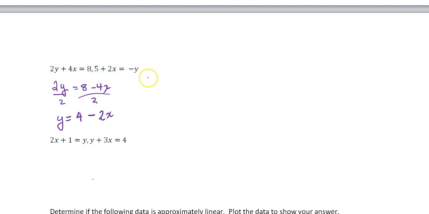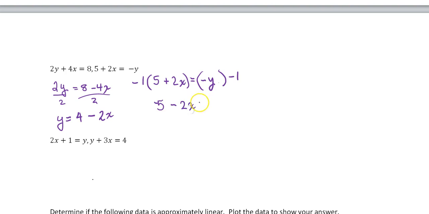So here I've got my 5 plus my 2x equals negative y. Well, I'm going to multiply all of these by negative 1. So here I'm going to have negative 5 minus 2x equals y.